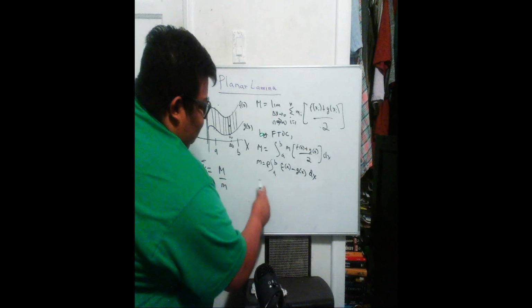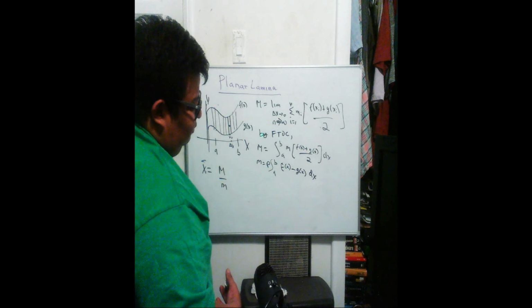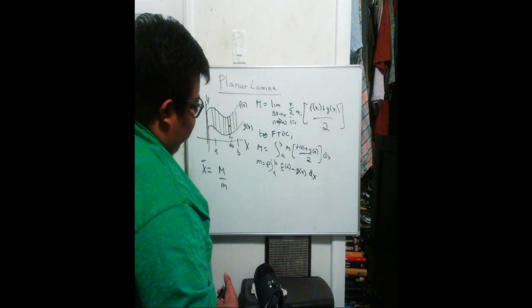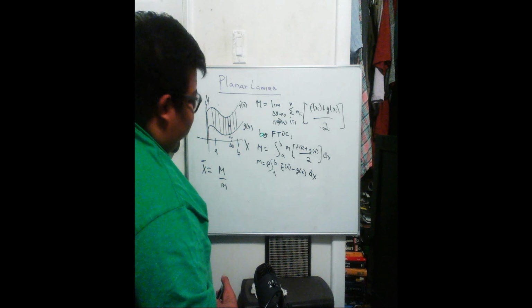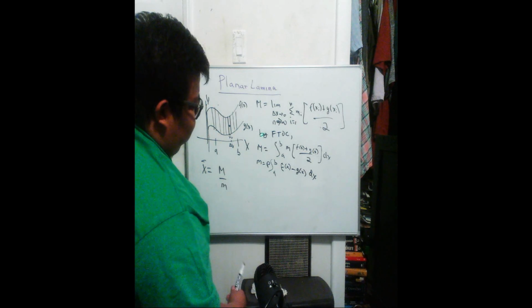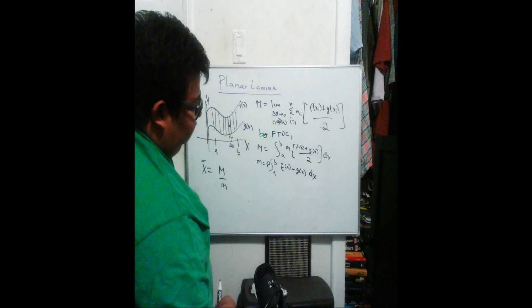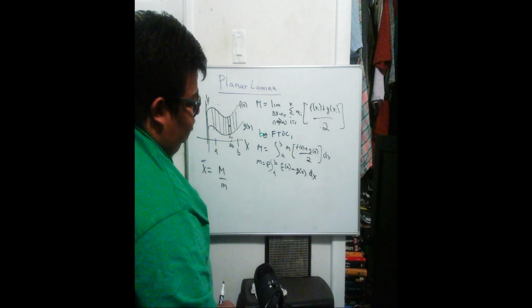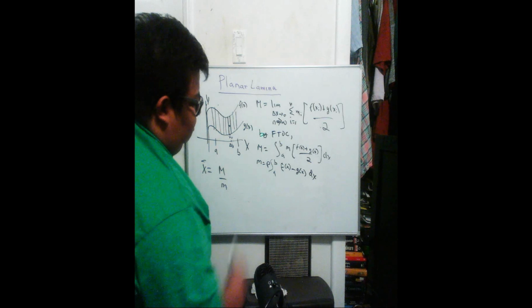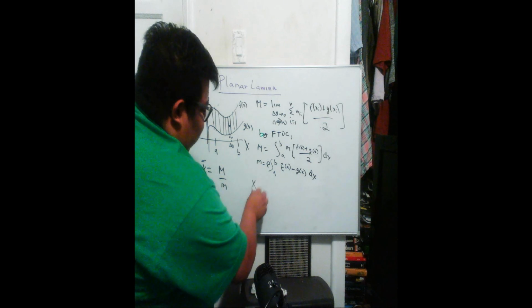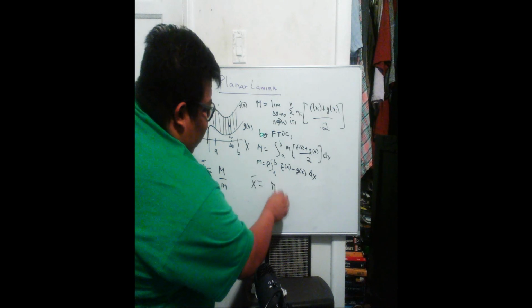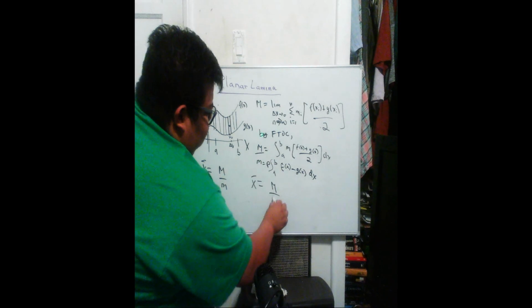And now that we have the formula for the total area of the lamina, for the mass and for the moment, all we need to do is divide. So x bar is equal to the total moment, which is this here, over the mass.